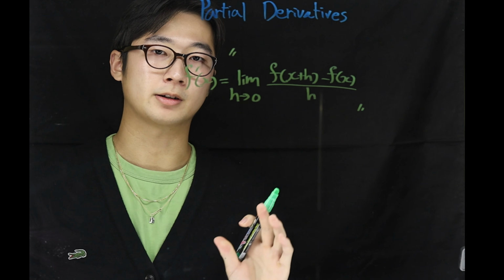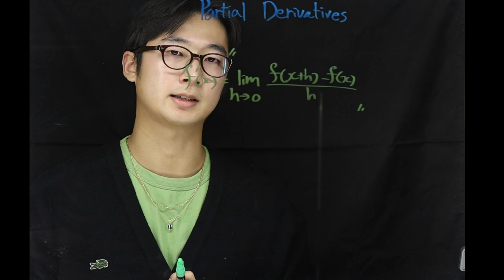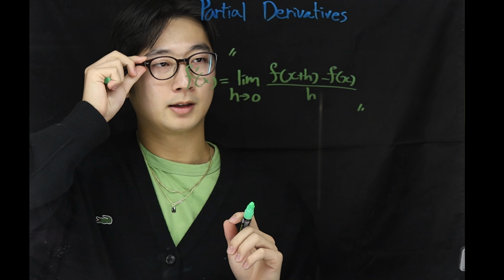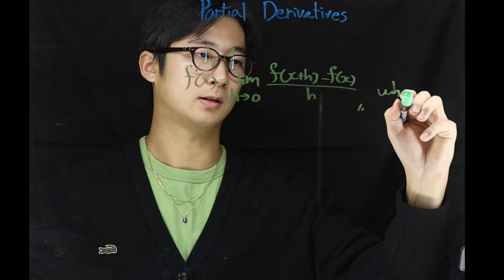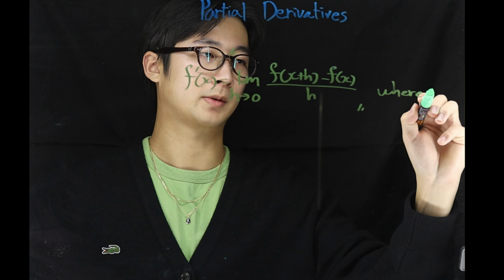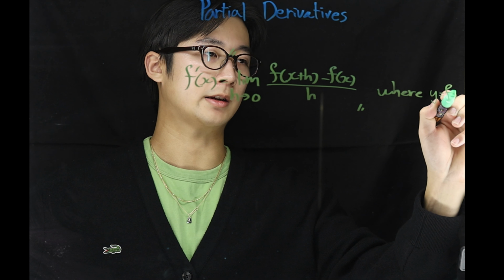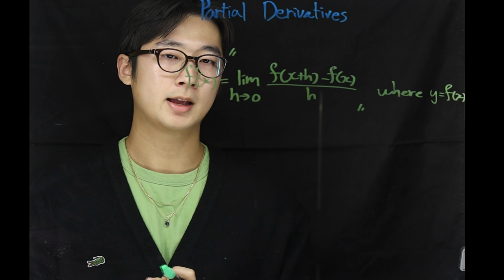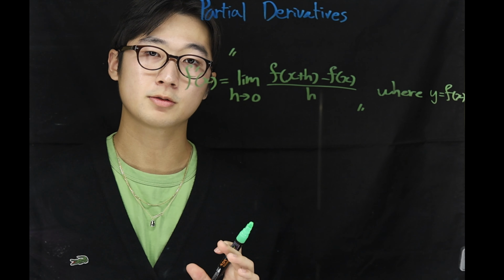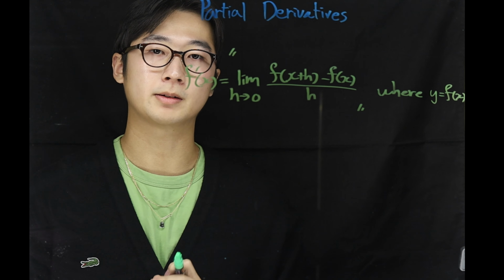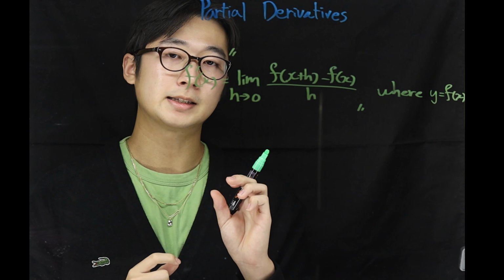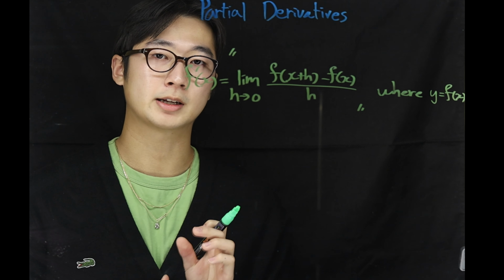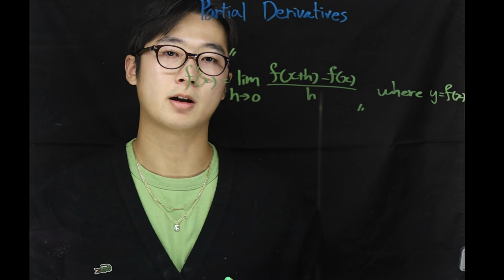This is the definition of a derivative in single variable calculus, where y equals f of x. As you already know, the derivative measures the instantaneous rate of change at a specific point of a function.